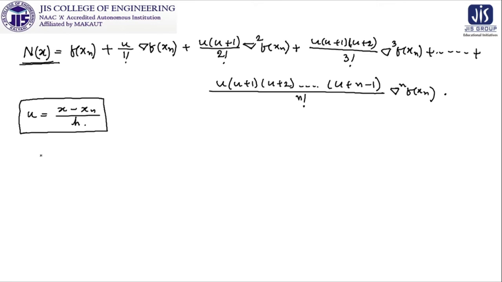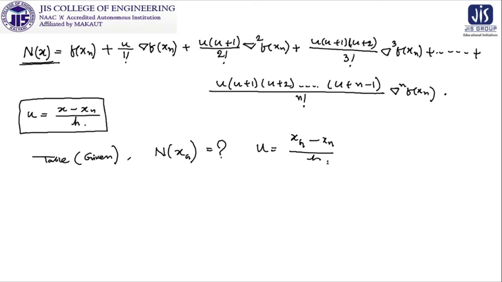I just want to emphasize one segment here: if after getting the table you are given the question of finding the value at x which is also given, then obviously you can start the problem by taking u equal to (x given minus x_n) by h, where h is known to you, that is the spacing of our independent variables. x given is given to you, x_n is also in the table, so you will get some finite value, and accordingly this finite value will be substituted in this formula.